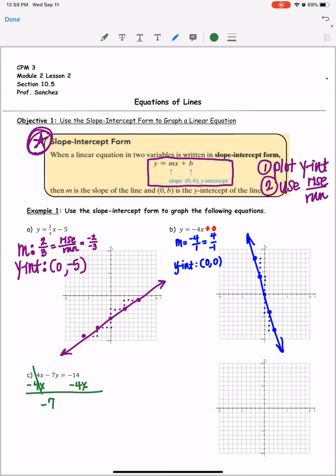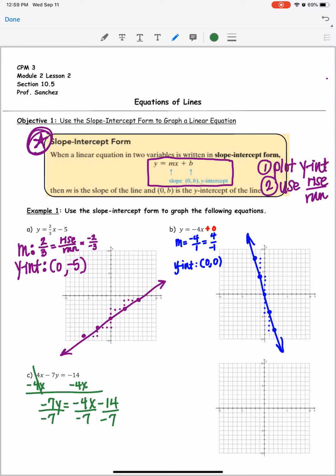So we get -7y equals, you can't put these together, but you do want your x before your constant. So -4x minus 14. Then divide by your -7.